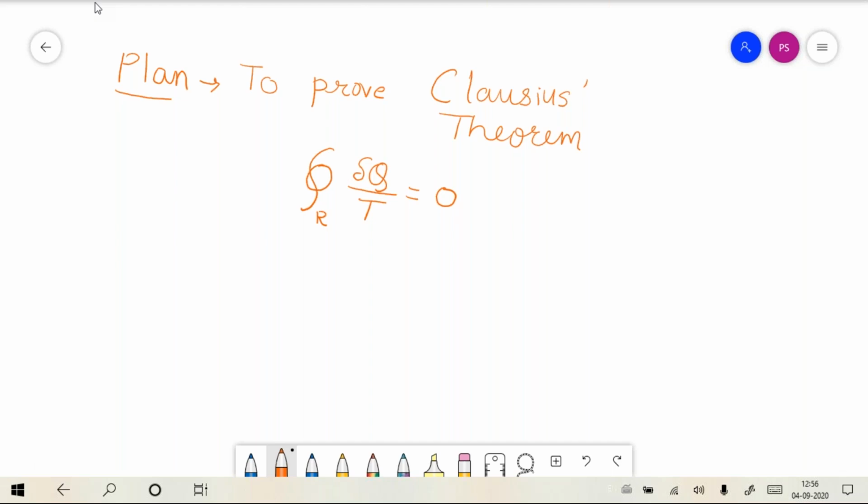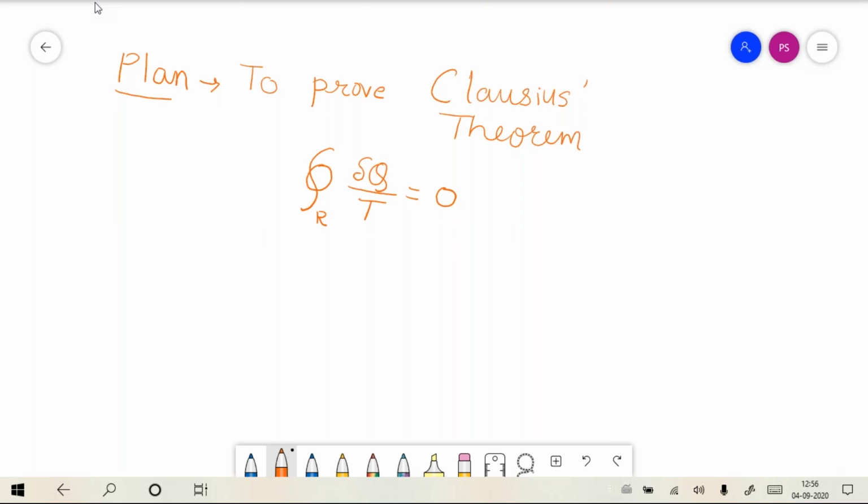I would try to relate this concept to the real world. But for the time being, the plan is to just go about deriving this expression, what is known as the Clausius theorem.